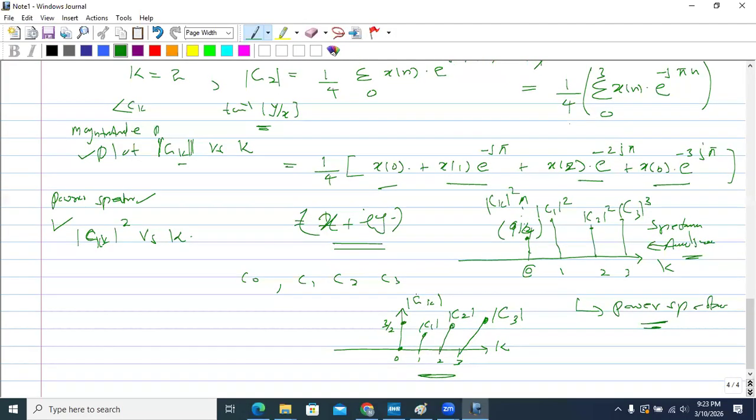For example, if there is a signal, sampling means you are switching. You turn on this switch, then you will get a voltage sample here. Again switch off, again switch on, another voltage sample, and you will have a signal like this.